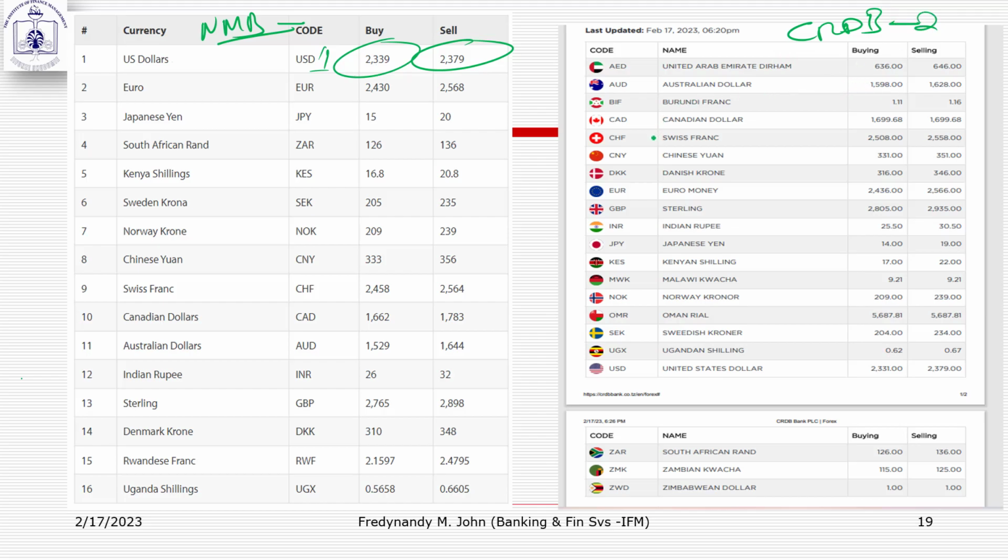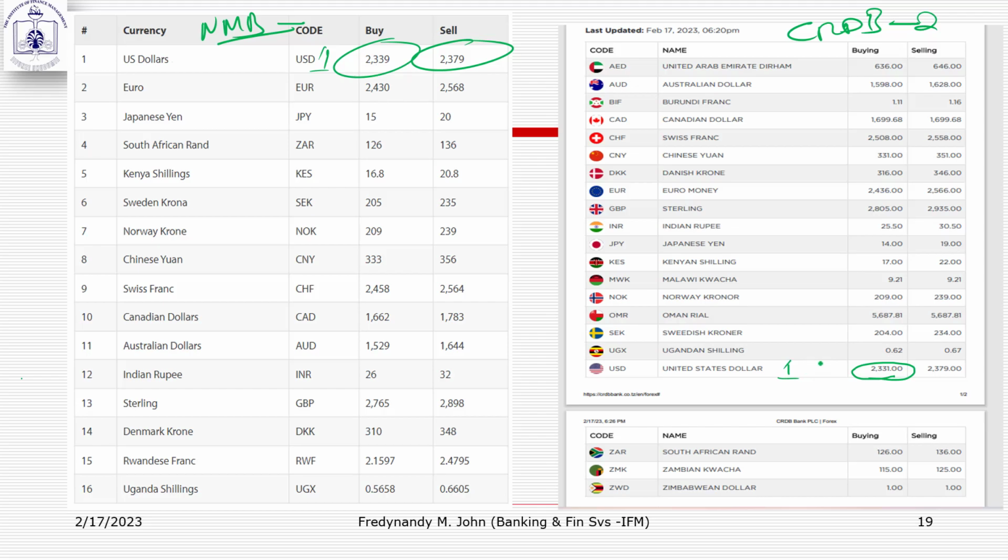The second dealer here is willing to buy from you 1 unit of USD at 2,331. That is the price he is willing to pay you for 1 unit of USD.